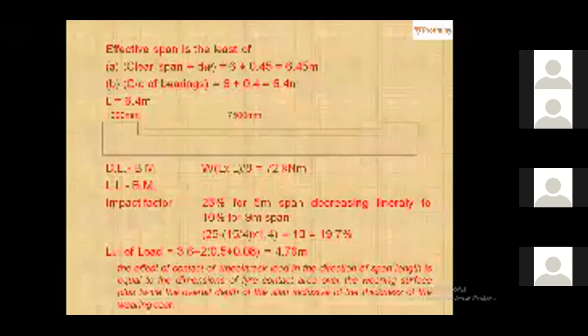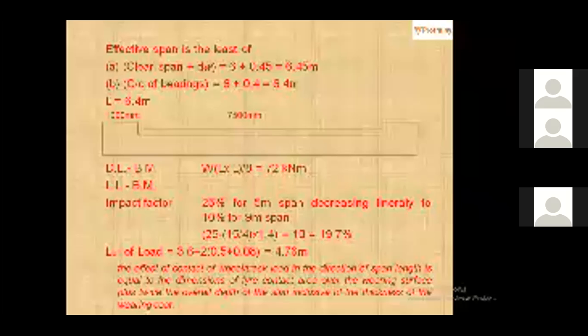Now we go to the effective span. The effective span is the least of these two: (a) clear span plus D effective, and (b) center to center of bearings.